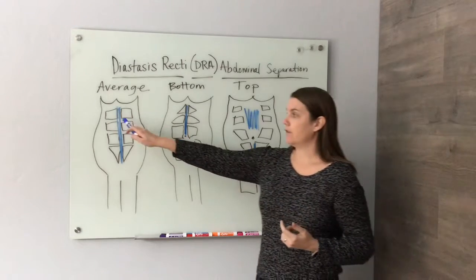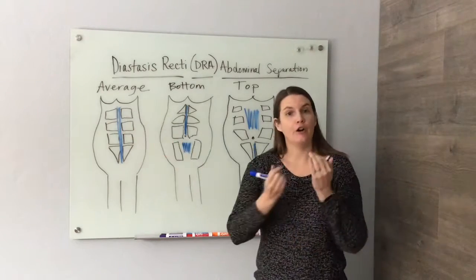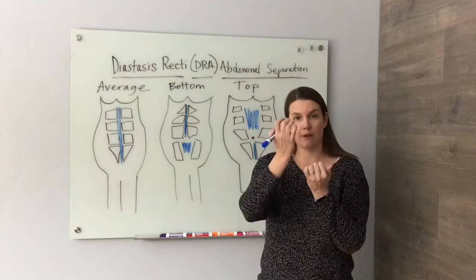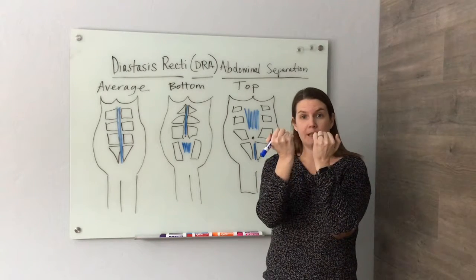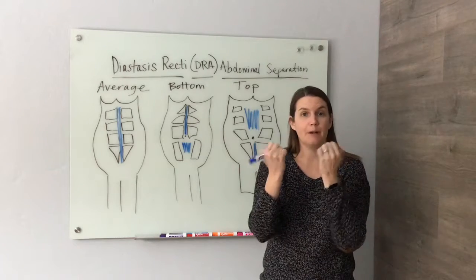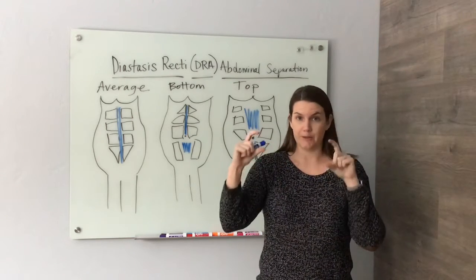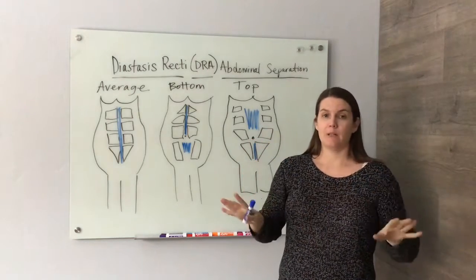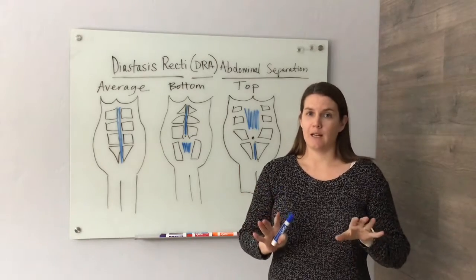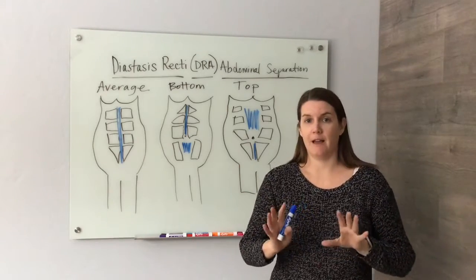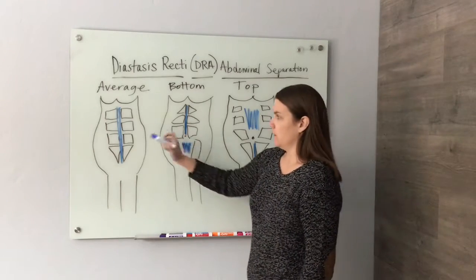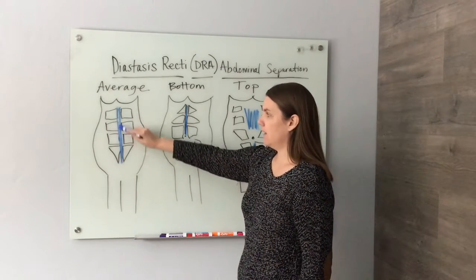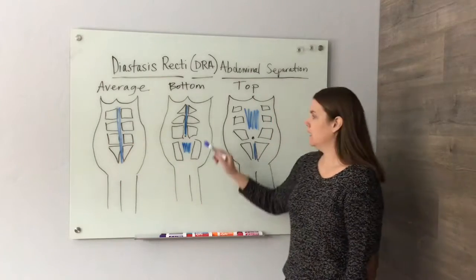In their average position, if you look here, they are already separate muscles. They sit in their own little pockets, and the distance between them separates; the single muscle doesn't separate in half. I just wanted to make sure that was very clear because that's a question I do get, and people think that they've had an actual muscle tear, and that's not true. So we're really focusing on this piece of tissue right here.